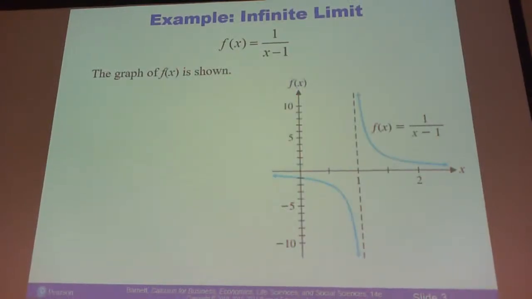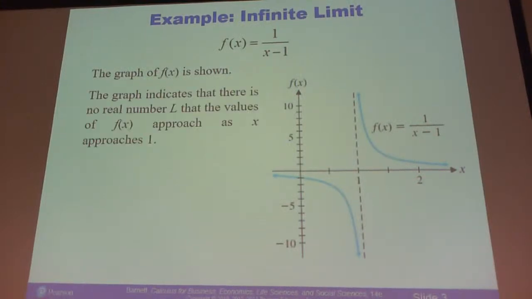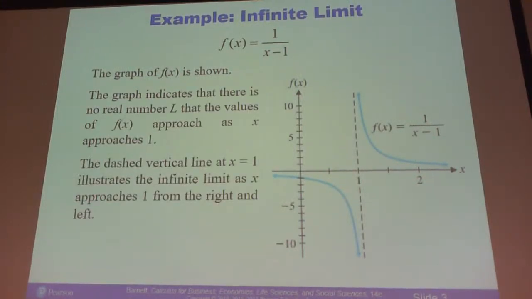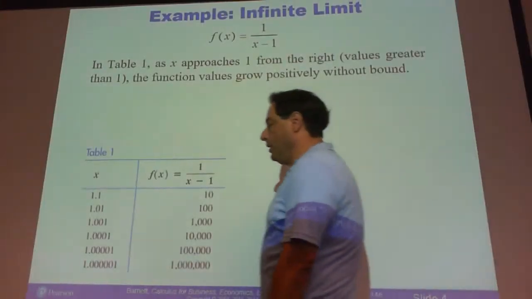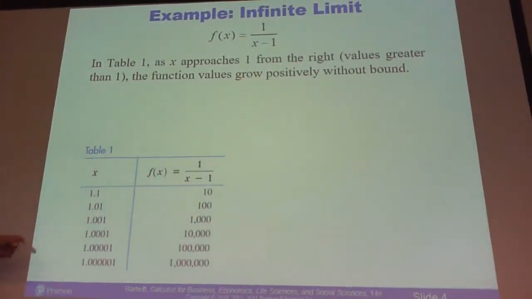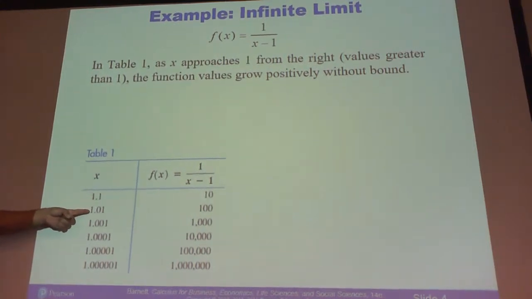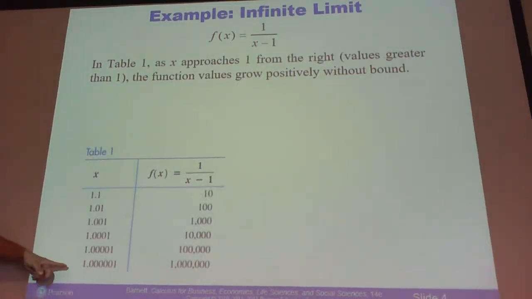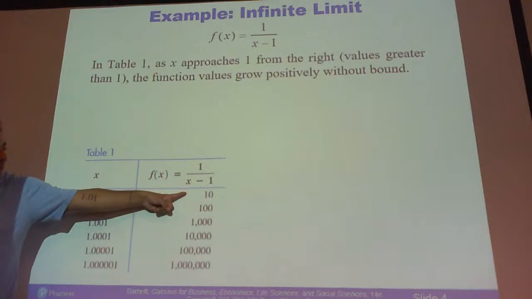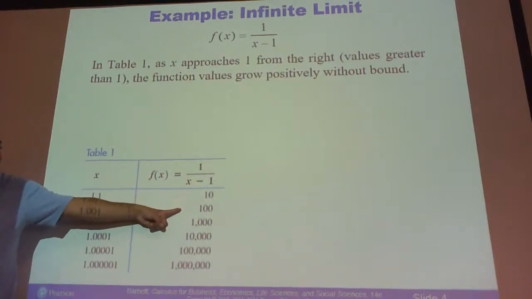So there's the graph of f of x equals 1 over x minus 1. We know something's going on at 1. But here's what we're talking about now. If we type in 1.1, 1.01, 1.001, as we get closer and closer to 1, look at this other side. Is it getting very big or very small?